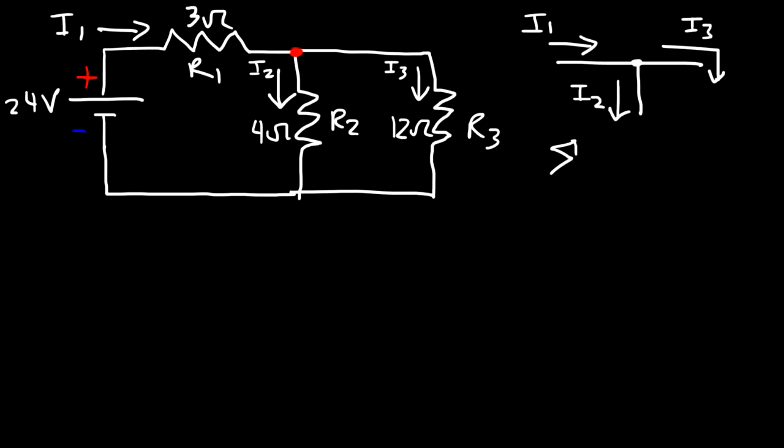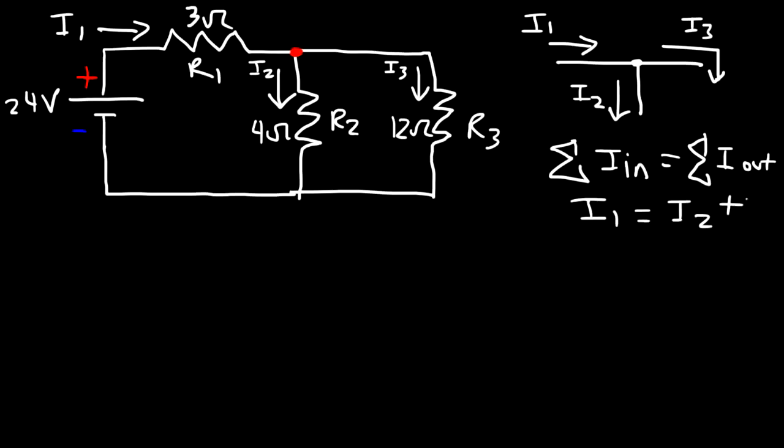According to his junction rule, the current that enters the junction is equal to the total current that leaves the junction. The only current entering the junction is I1. The other two currents are leaving, so I1 has to equal the sum of I2 plus I3. So that's one equation that we have so far, and we're going to use it later.